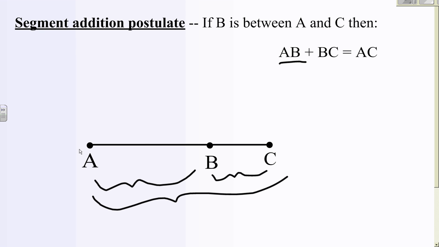Now I always like to say this means the parts add up to the whole. And most people could figure out that if this were 12 inches and this were 4 inches, that AC would be 16 inches. Most people can figure that out, so that's something that we'll be using later, except we'll have variables in here, and we'll be setting up equations using it.